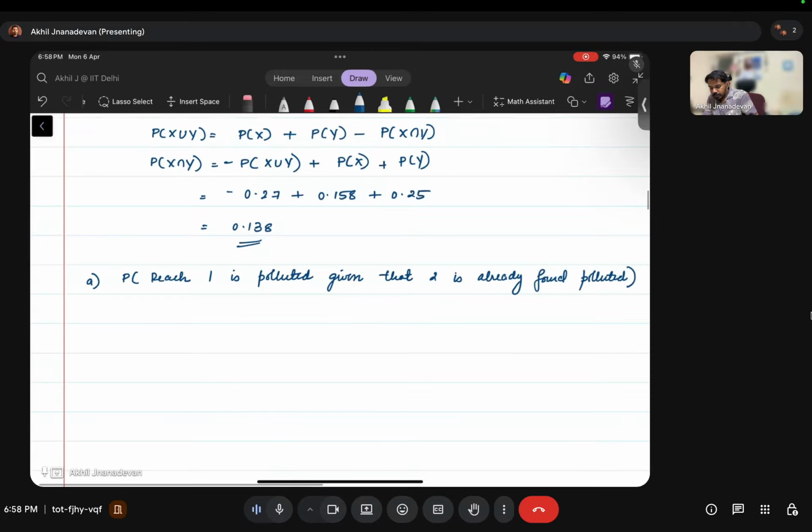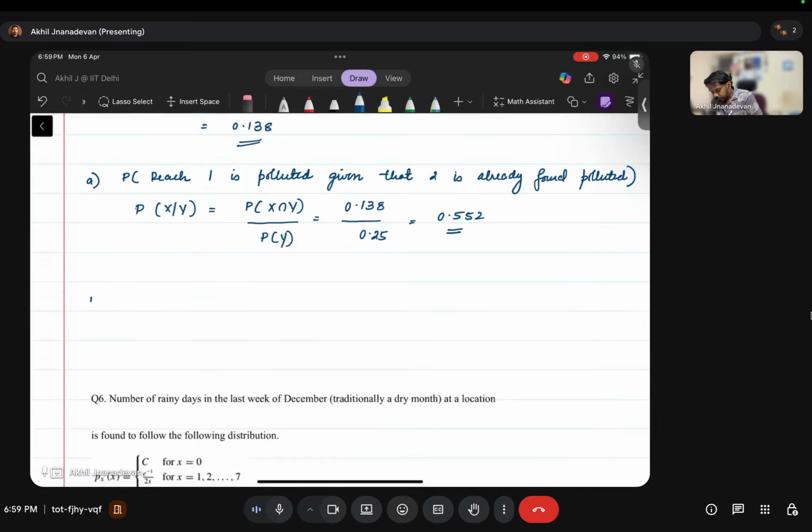So that is P of X given Y. That is P of X intersection Y divided by P of Y. This formula is very clear. 0.138 divided by 0.25 is equal to 0.552. So that is the probability that reach 1 is polluted given that reach 2 is already polluted.